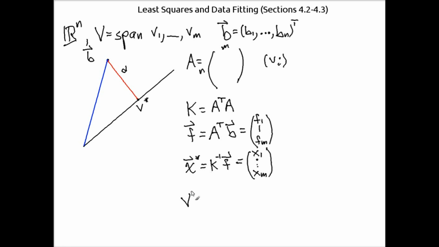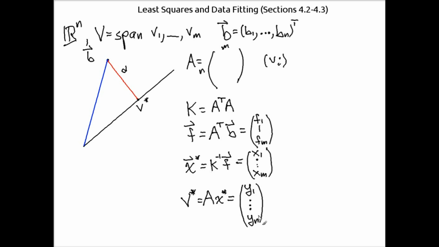And finally, define v star is equal to A times x star. And let's see, A is an n by m matrix, and x star is an m vector, so this is an n vector, y1 through yn.